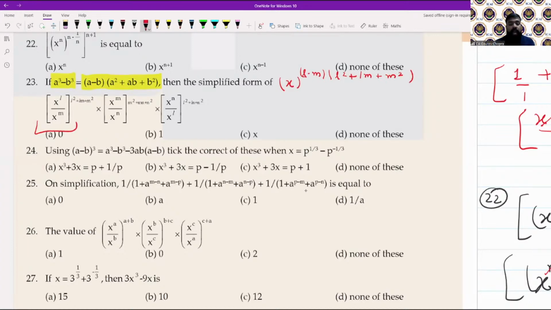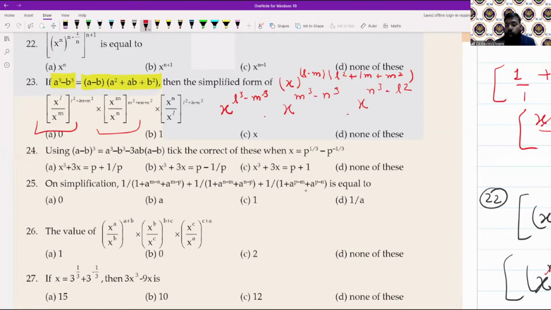Now this whole thing as per the formula can be written as L cube minus m cube. So we can write x to the power of L cube minus m cube. This is the formula. Similarly, the second portion can be written as x to the power of m cube minus n cube. And again, the third portion can be written as x to the power of n cube minus L cube.